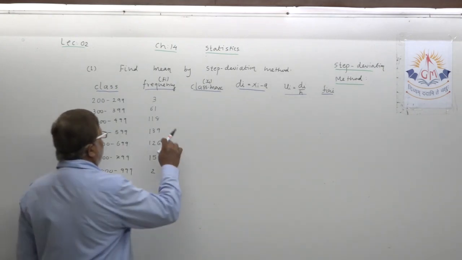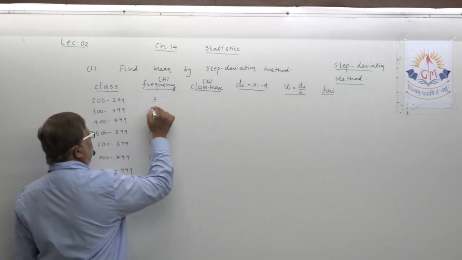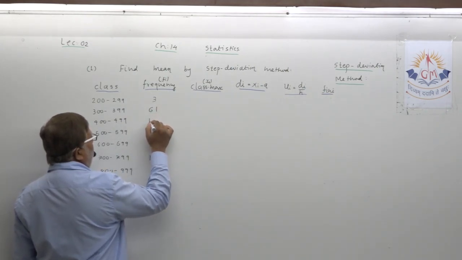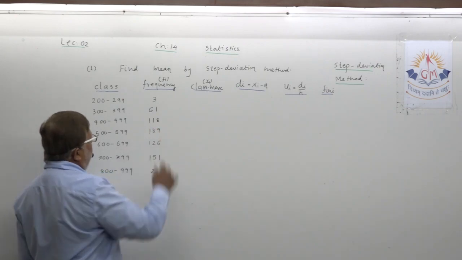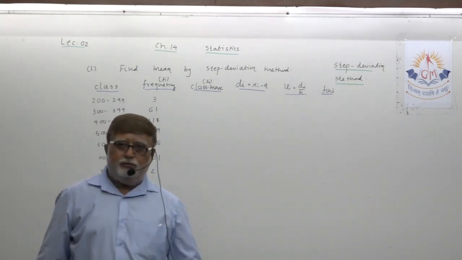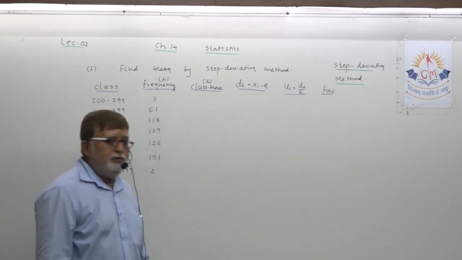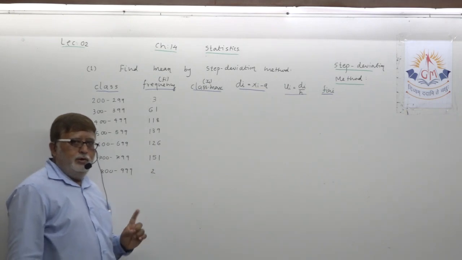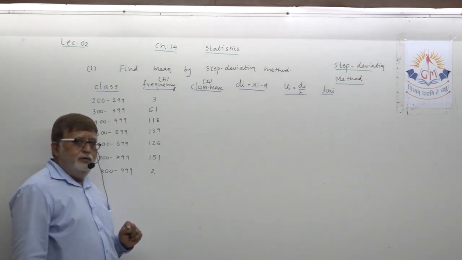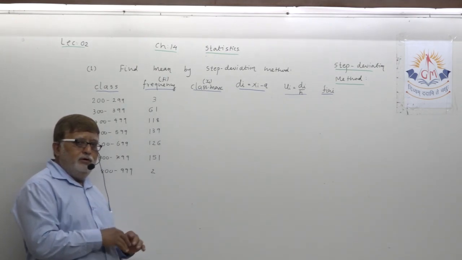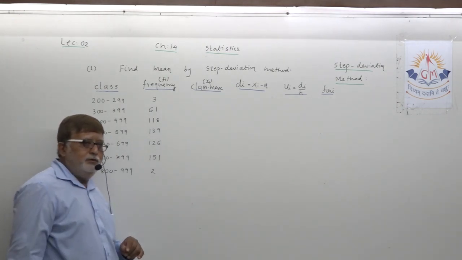Now, dear student, when we target this example, I first want to explain that this is not continuous data but discrete data. How will you understand? Just be watchful. See the classes given and compare them with the previous example you have just done.